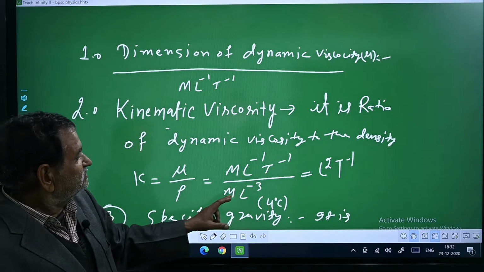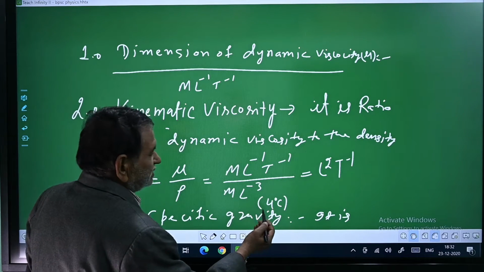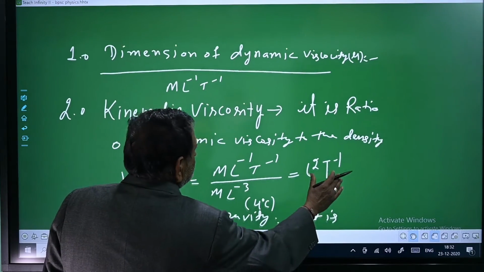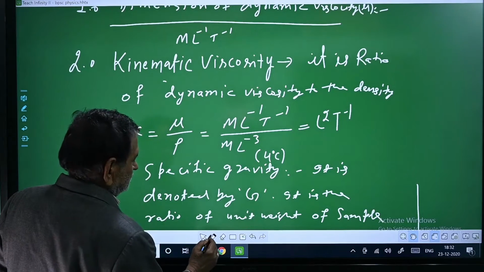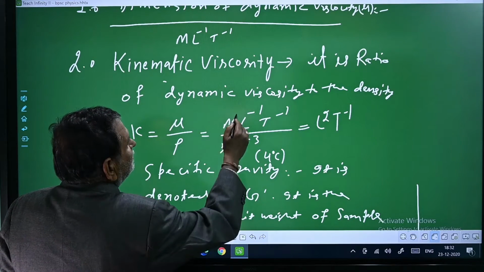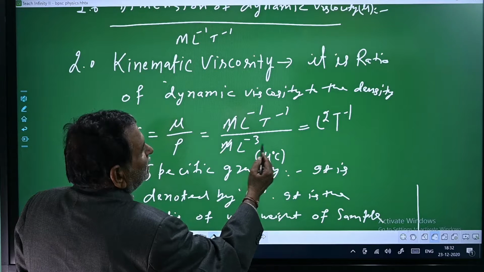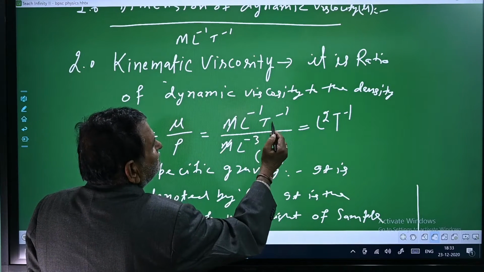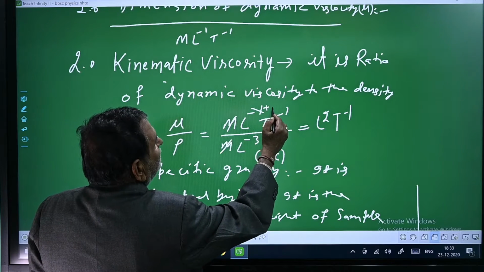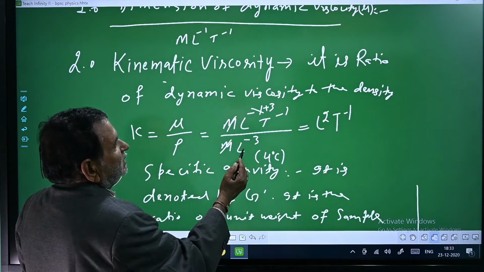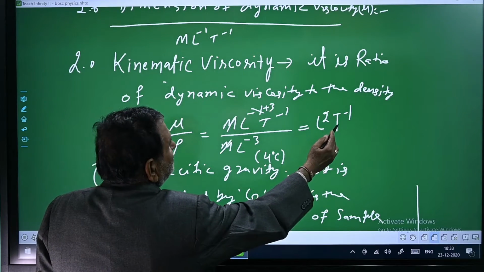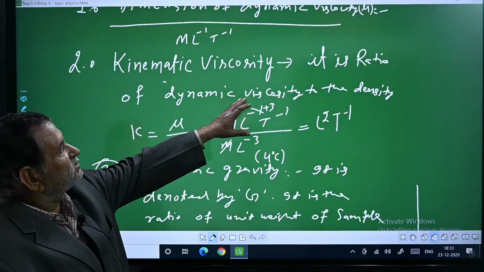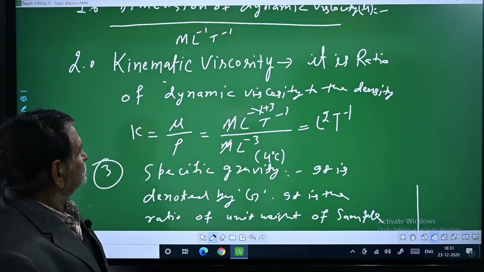So its dimension will be M L^-1 T^-1 divided by M L^-3, which gives L^2 T^-1. So the dimension of the kinematic viscosity is L^2 T^-1.